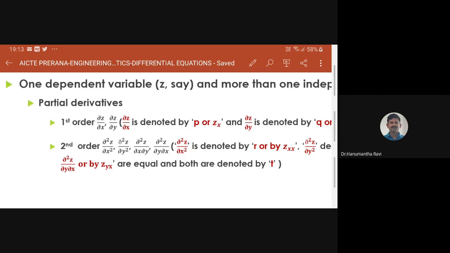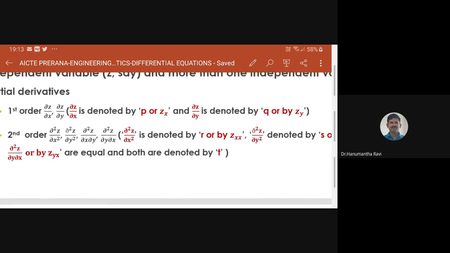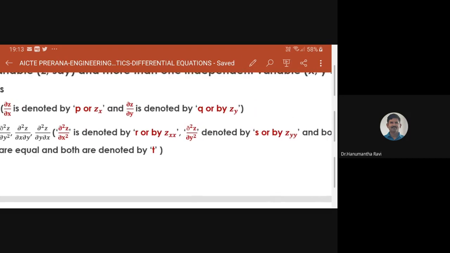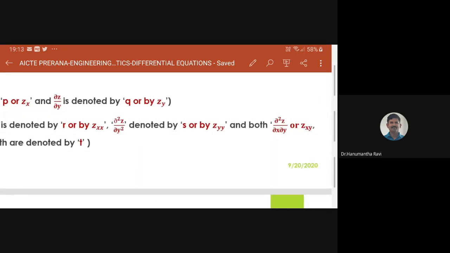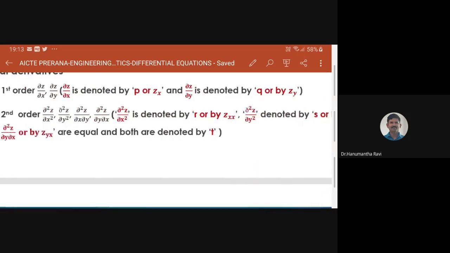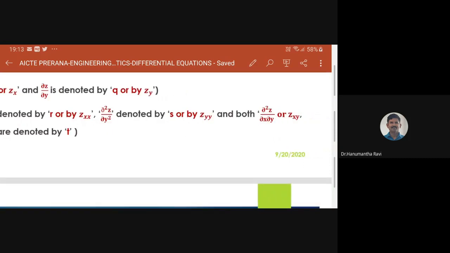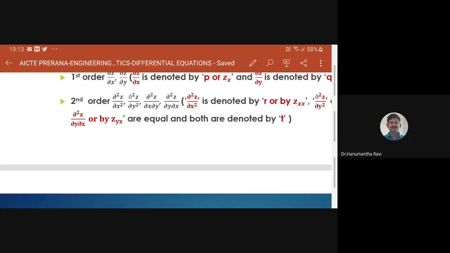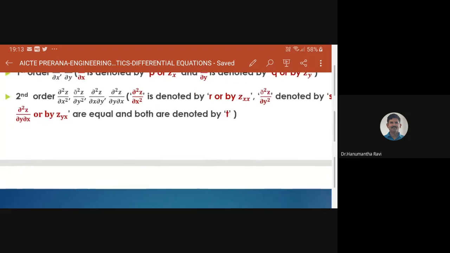So in this case, dou square z by dou x square is denoted by small r or by z subscript xx, and dou square z by dou y square is denoted by small t or by z subscript yy, and both dou square z by dou x dou y, that is z subscript xy, and dou square z by dou y dou x, that is z subscript yx, are equal.